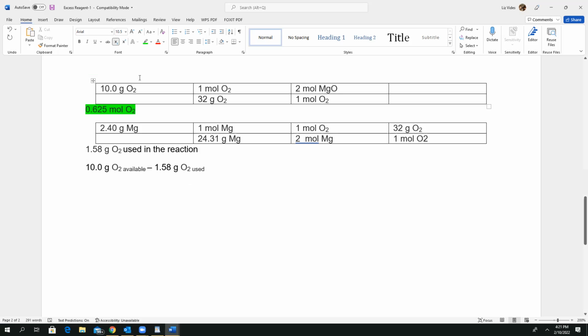When you subtract those two, you get the answer, which is your amount of excess. That would be 10 minus 1.58, which gives us 8.42 in excess.